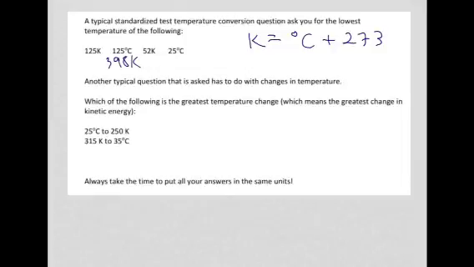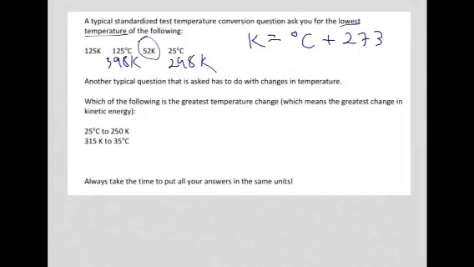That's what it's converted to. 52 Kelvin would stay the same. And then 25 degrees Celsius plus 273 is 298 Kelvin. So the question asks for the lowest temperature, so sure enough that's 52.